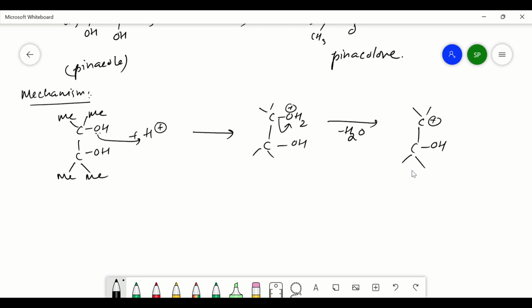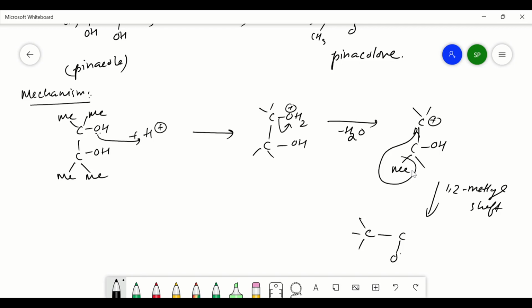Okay. Now what happens? This is a tertiary alcohol. In the next step, there will be migration, or we can say there will be a 1,2 methyl shift. This methyl from the second carbon will shift to the first carbon, and there will be formation of a tertiary group.